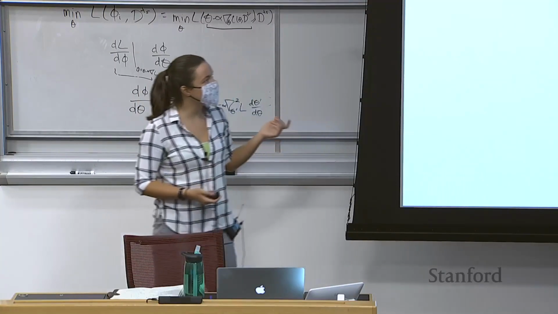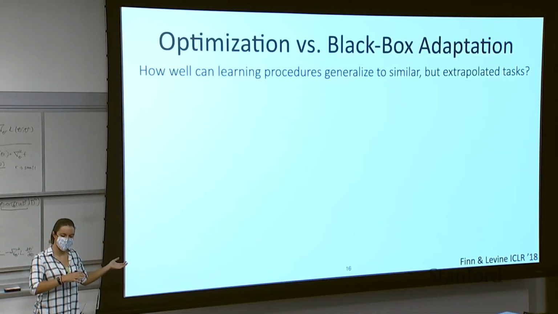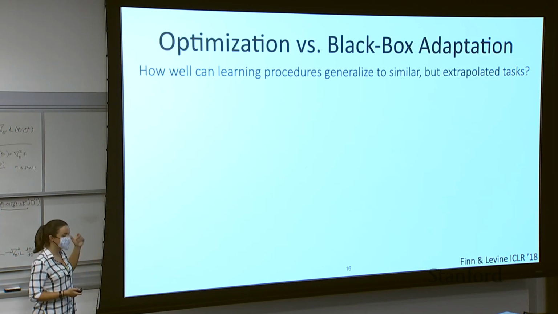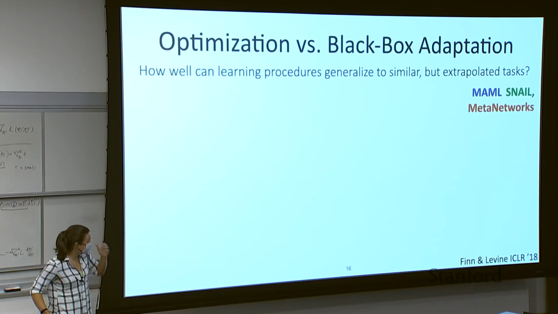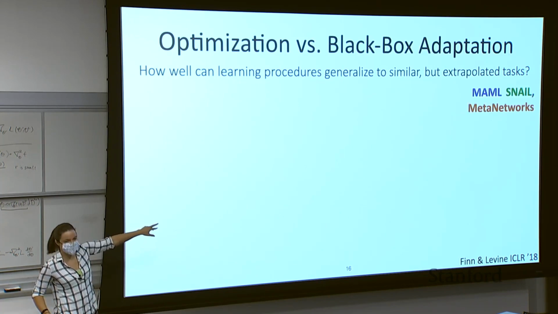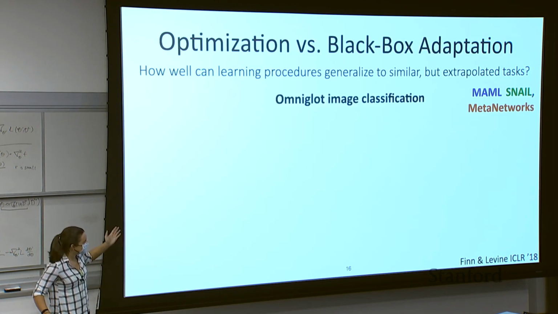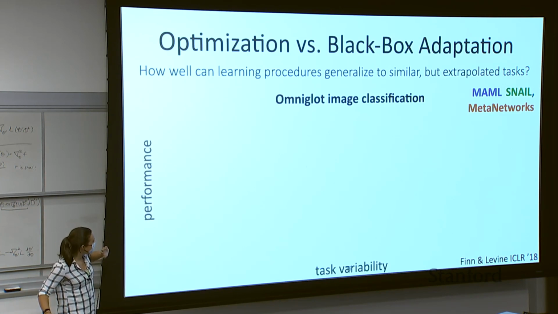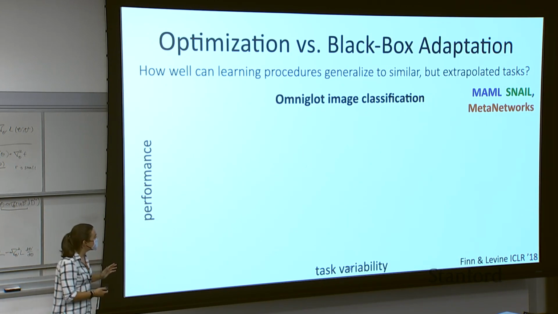If you look at tasks that are extrapolated from the tasks you saw during meta-training, optimization-based approaches like MAML often do better than black box approaches. For example, if you compare MAML with SNAIL and meta networks, which are two black box approaches, you can look at Omniglot classification and look at the performance of the algorithm as you vary the test tasks, as you move them away from the distribution they saw during meta-training.